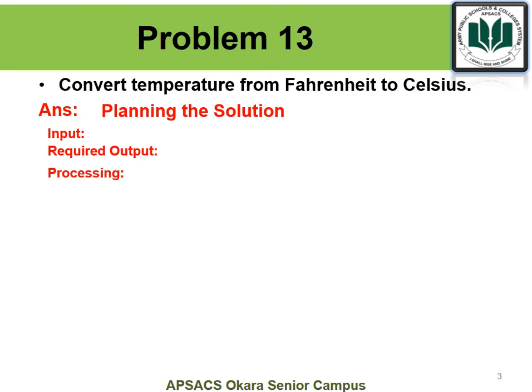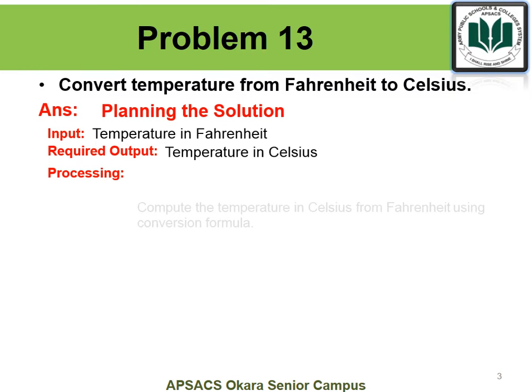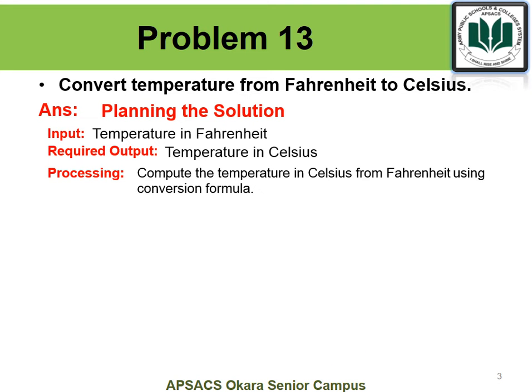Here the input will be temperature in Fahrenheit and the output will be temperature in Celsius. We have to find the temperature in Celsius from the Fahrenheit, so we will be using the formula for the conversion of temperature from Fahrenheit to Celsius.